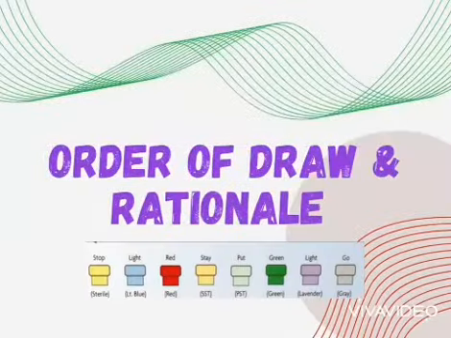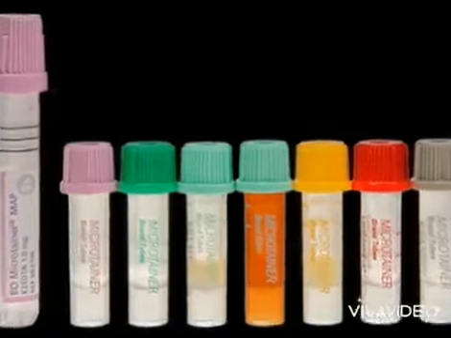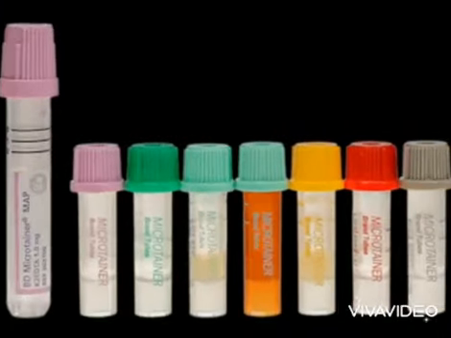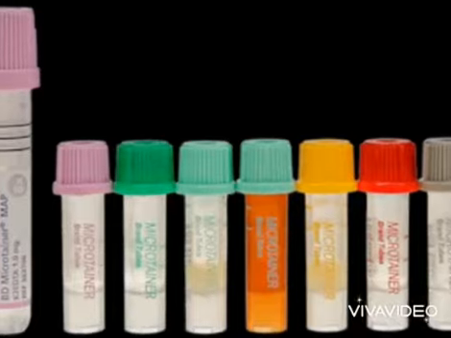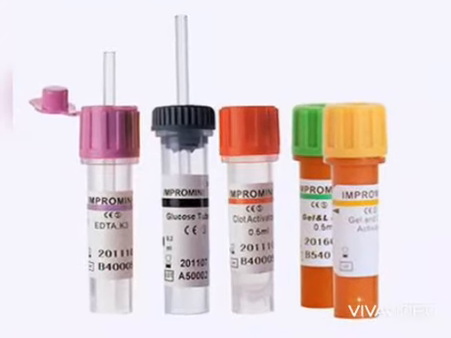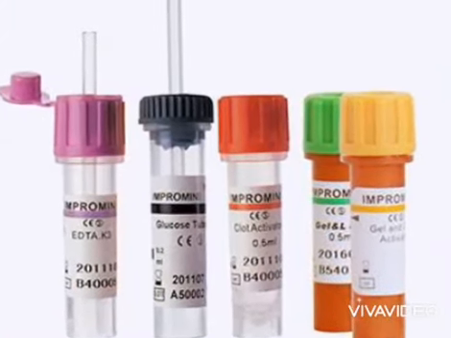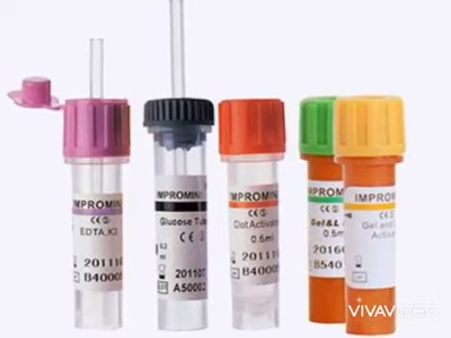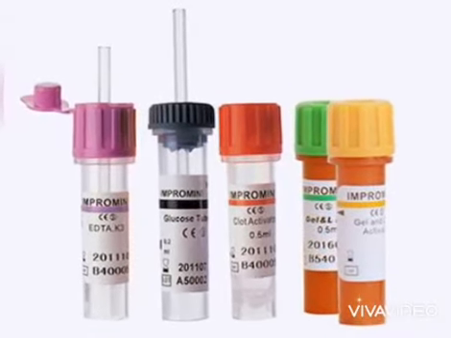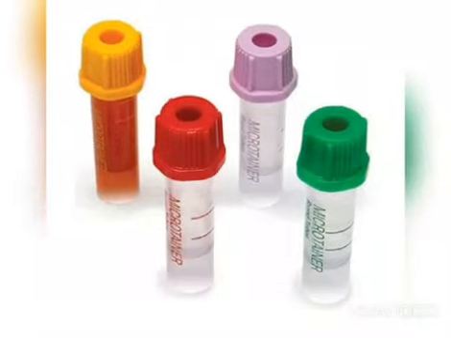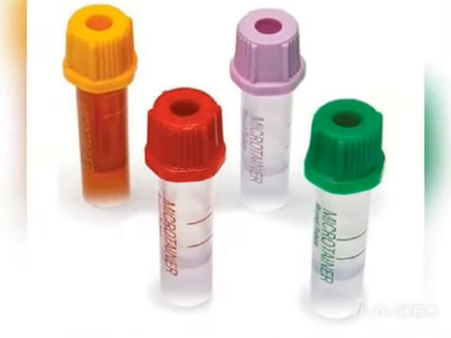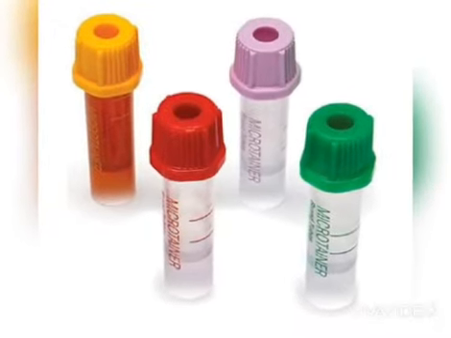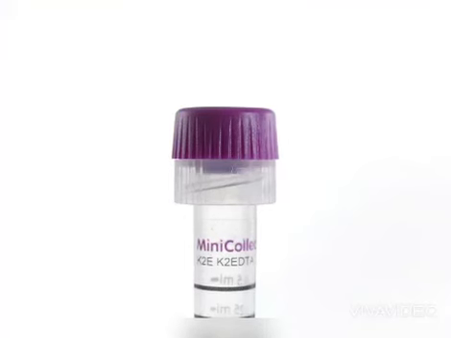The order of draw for collecting multiple specimens by capillary puncture is not the same as for venipuncture. Puncturing the skin releases tissue thromboplastin, which activates the coagulation process in the blood drops. Specimens must be collected quickly to minimize the effects of platelet clumping and microclot formation, and to ensure that an adequate amount of specimen is collected before the site stops bleeding.